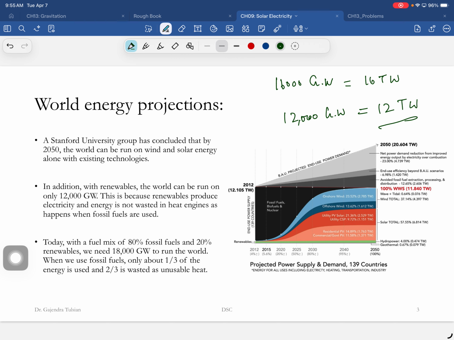So for instance, when you drive a gas car, only 20% of the energy is converted to motion. In a battery car, 90% of the energy stored in the battery is converted to motion. So your electric car is 90% efficient. Okay? Your gas car is only about 20% efficient. So anyway, things running on electricity are more efficient. So you can run the world on 12,000 Hoover Dams.